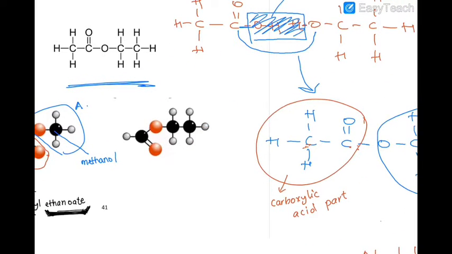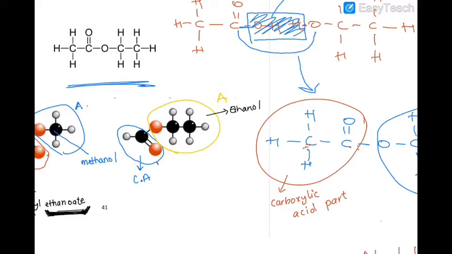Let's see another example. So here I spot the double bond here. Because it's the double bond, it's the carboxylic acid. And this one has the single bond O, so this is the alcohol. When I name, I always name the alcohol first. So the alcohol here has 2 carbons, so ethanol.